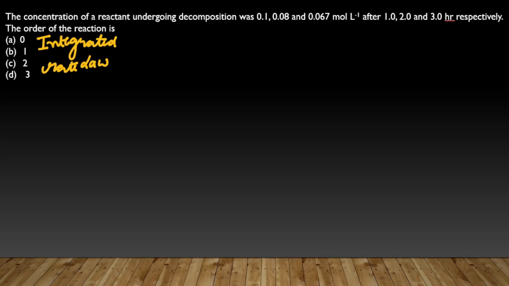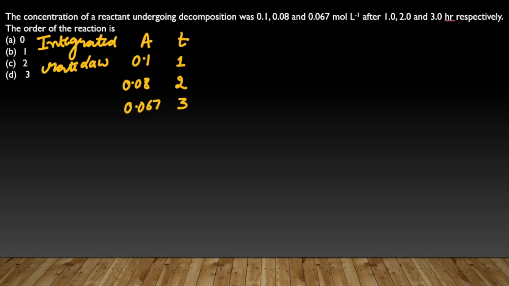So here the data and the time intervals are given. The data we have is 0.1, which is after 1 hour, 0.08 after 2 hours, and 0.067 after 3 hours.